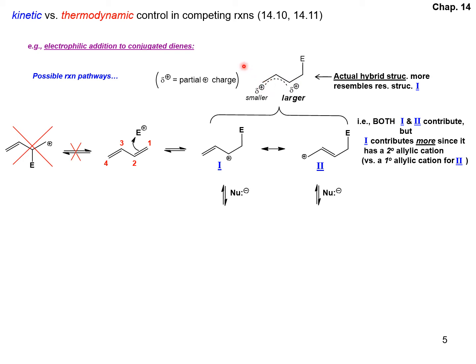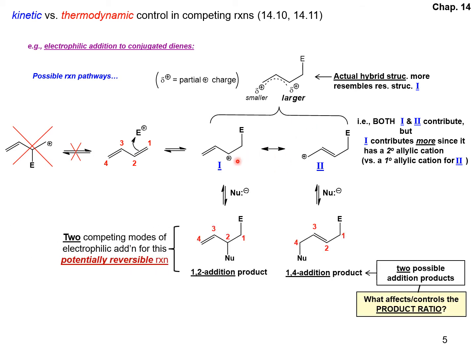Nonetheless, a nucleophile could attack either position. Both of these positions are electrophilic, and upon nucleophilic attack at carbon number 2, we end up with the product of 1,2 addition. When the nucleophile attacks carbon number 4, we end up with the product of 1,4 addition.